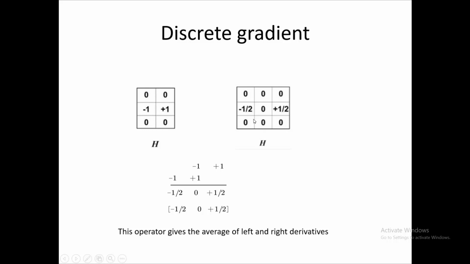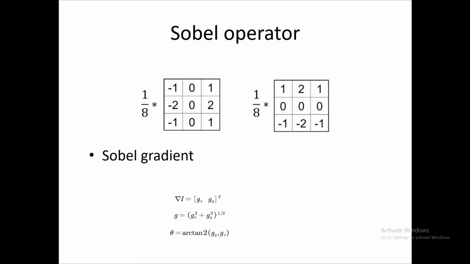Okay, now let's go to another operator, and now we'll discuss the Sobel operator, which is the most widely used. The idea here is, if we are taking the derivative, we assume that the image is locally smooth, that is, pixels change similarly within that region.